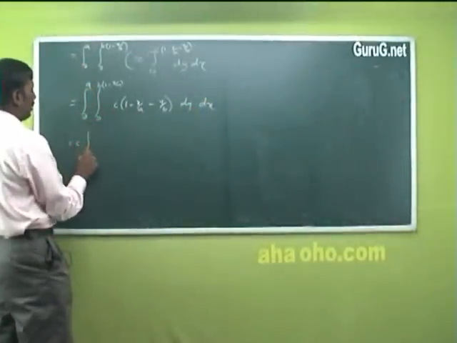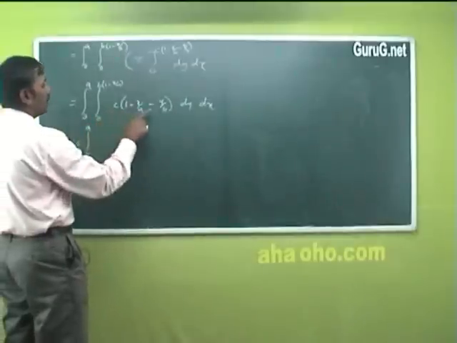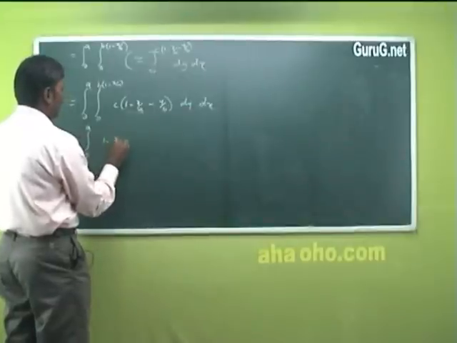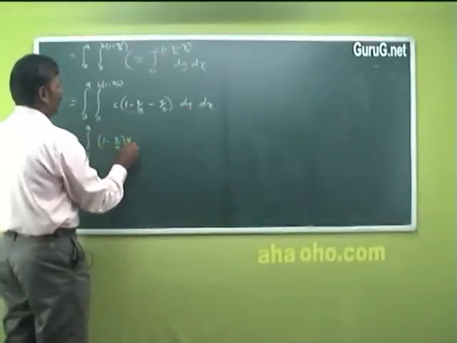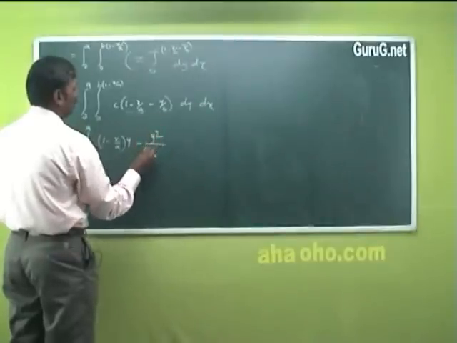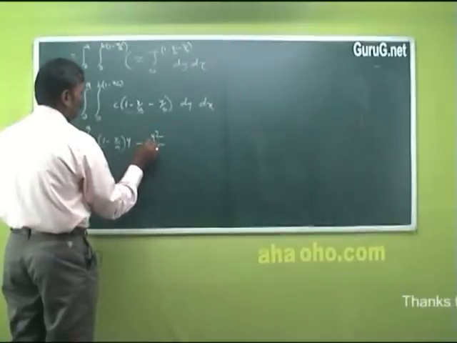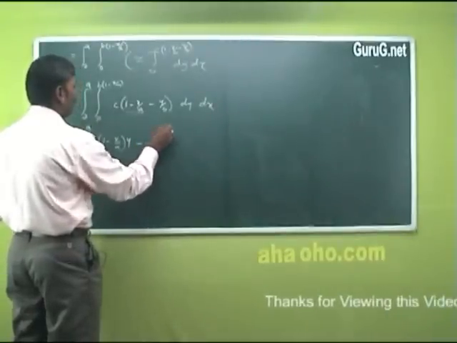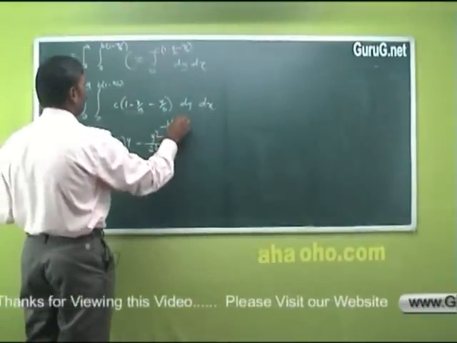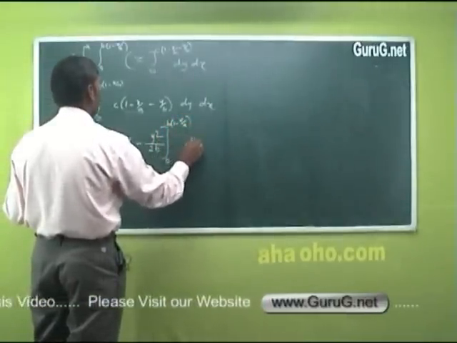So c into integral 0 to a, integrate with respect to y, so 1 minus x by a is a constant, so 1 minus x by a into y, and minus integrating y, y squared by 2b, right? So 0 to b into 1 minus x by a into dx.